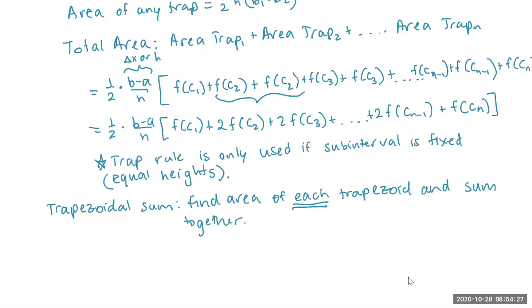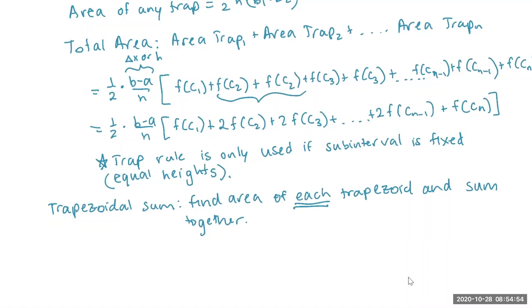It's just that we can't use this as the height because they're not fixed. Here it was nice because I could factor it out, but with the trapezoidal sum, we just have to go through each trapezoid, calculate it, and then sum it together. The nice thing is you don't have to think of a brand new formula for it. It's really just geometry, understanding that the y values are your bases, and the height is the change of x.